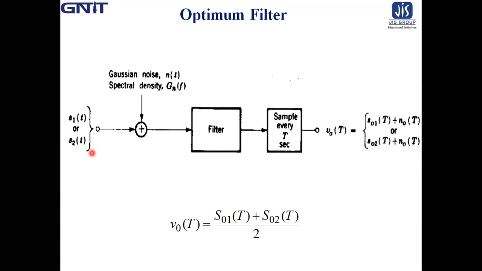The input S1(t) or S2(t) is contaminated by noise, Gaussian noise n(t).